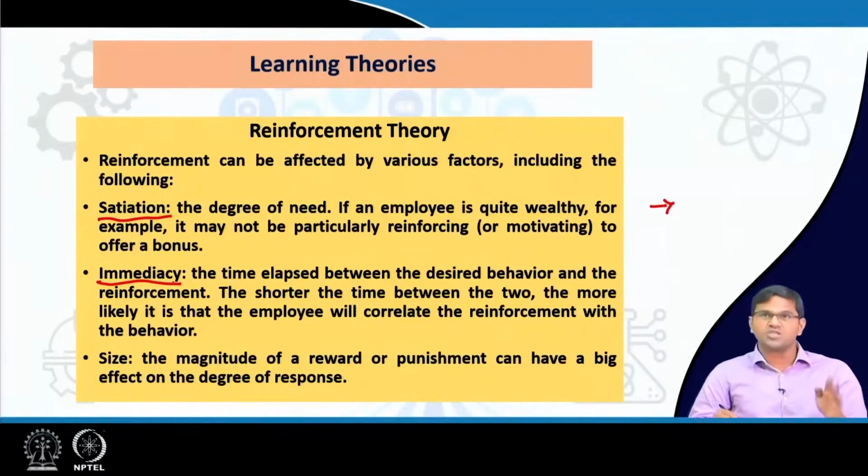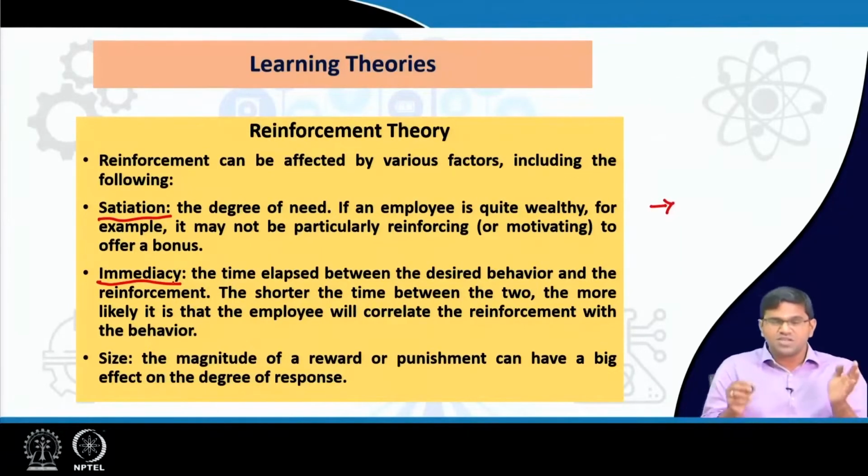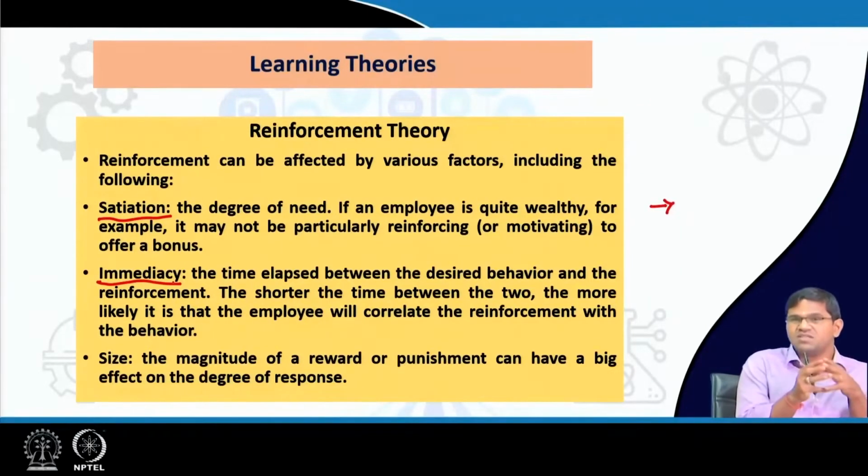You are expecting that at 9 o'clock everybody has to be at the workstation, and you also want to provide a reinforcement, either a reward, recognition, or whatever it is. So what is the time elapsed between the desired behavior, when somebody shows up on time, and the reinforcement you are going to give?